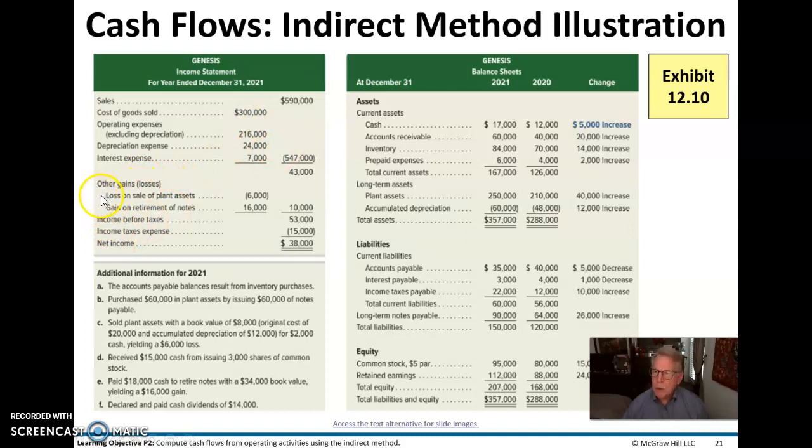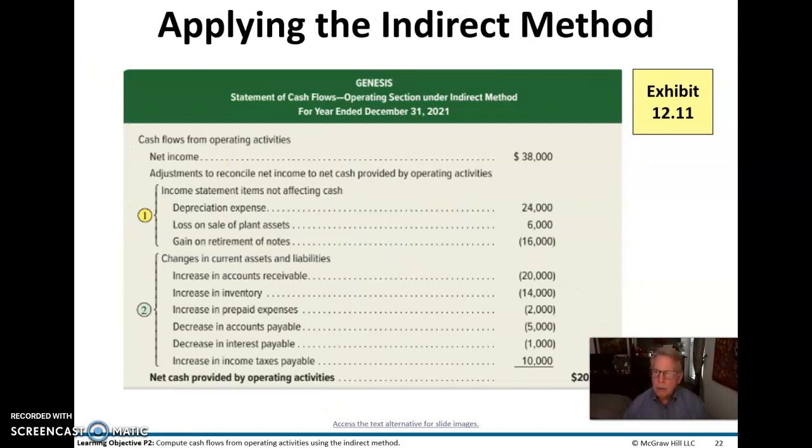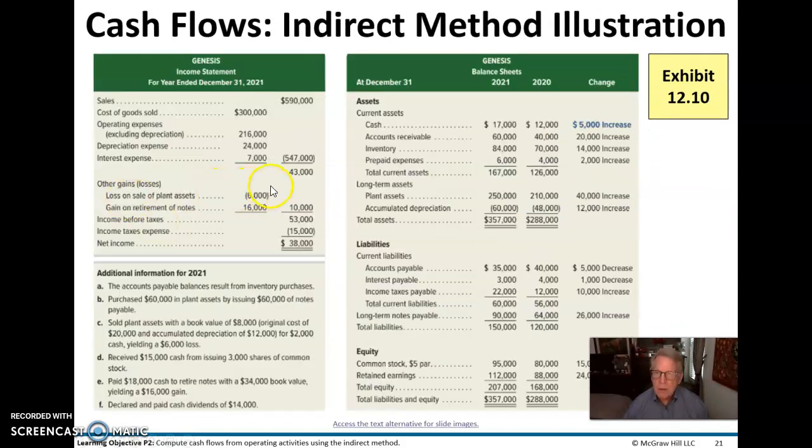And the same thing's true with losses and gains. The losses and gains are non-cash items as well, usually from the sale of a long-term asset. I don't see any other non-cash expenses. So as the first step here, I bring over the depreciation expense and I add that, because I subtracted this depreciation expense to get to this net income.